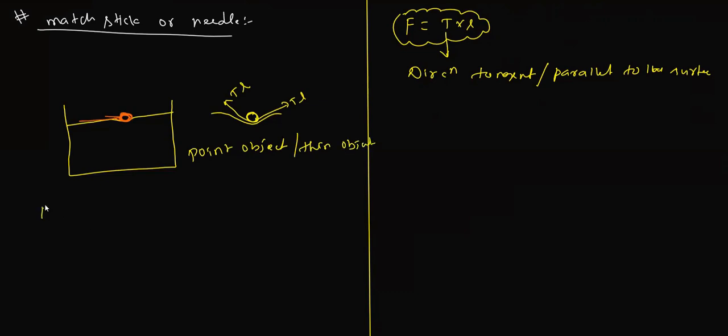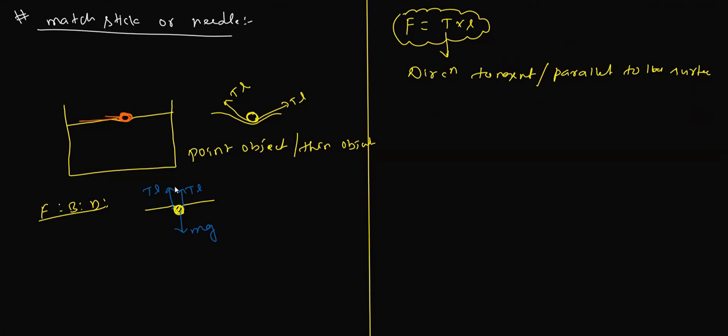If you draw the free body diagram clearly, you get it like this. This is the matchstick. For the matchstick, downward, what will be acting? Mg will be acting. Upward, about this point, tangent TL is the acting force, and about this point too, tangent TL will be acting.